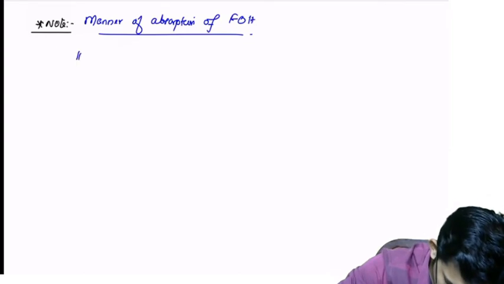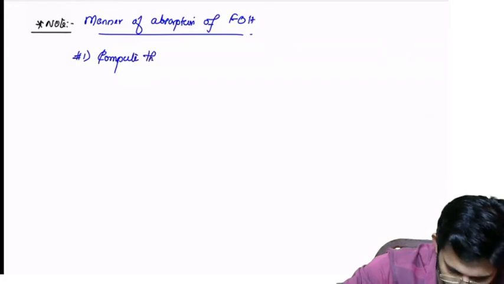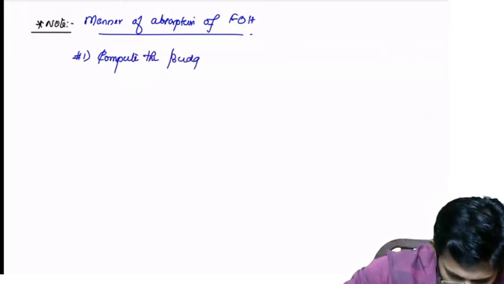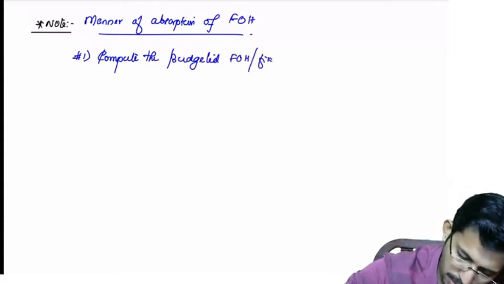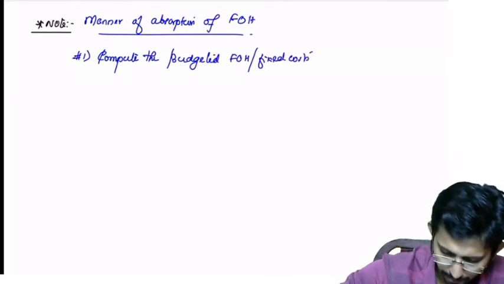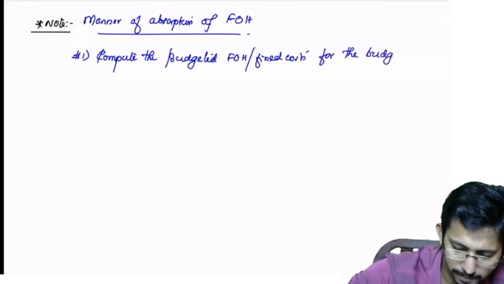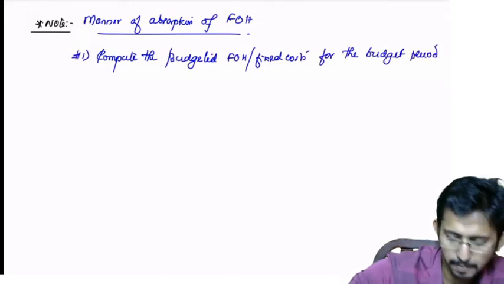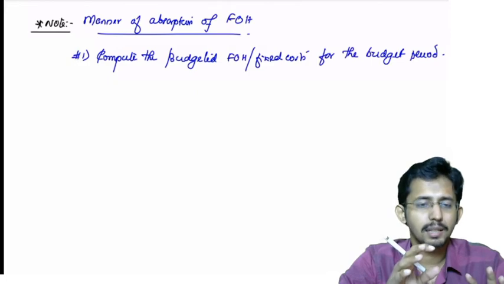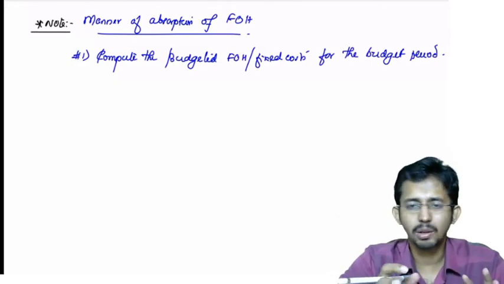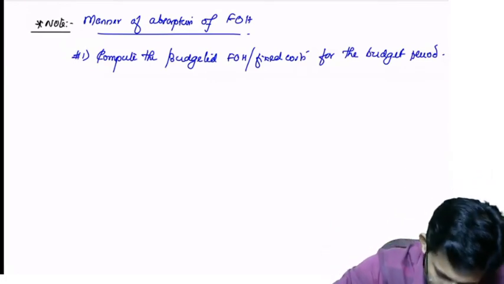What you do is, step number 1, compute the budgeted fixed overhead or fixed cost for the budget period.